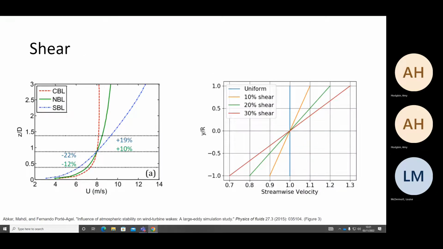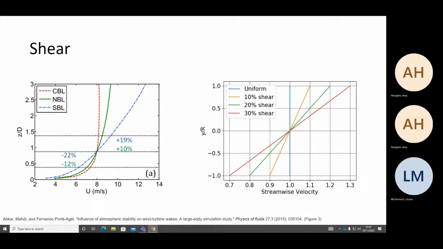Okay, then as I mentioned, we're trying to see the impact of shear profile, thermal stratification, and veer on the wake. So we're trying to look at relevant ranges of these values, but we're simplifying the profile and looking at a uniform gradient. So on the left, these are expected values for a turbine study.